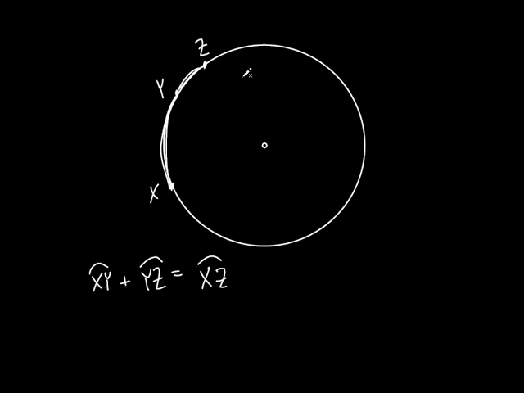XY, then YZ, then XZ. Again, it's kind of self-explanatory, but that's a postulate. It's not a theorem, it's a postulate. It's not something that can be proven. It's something you just look at and you say, yeah, that's right.